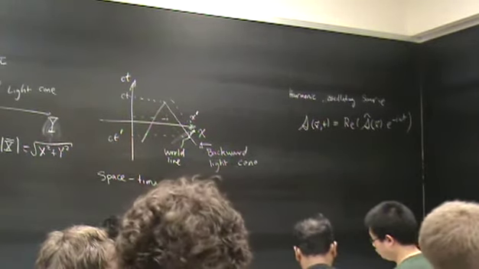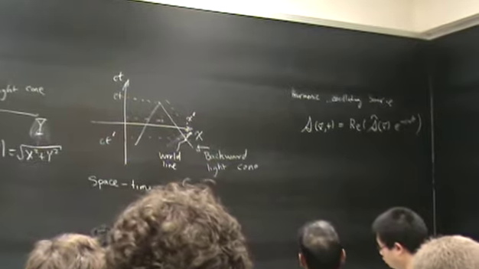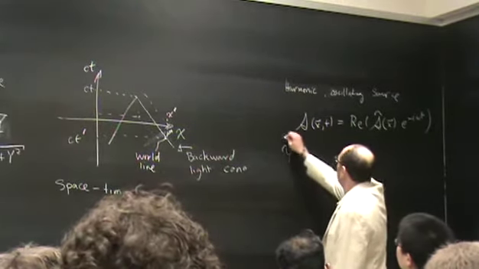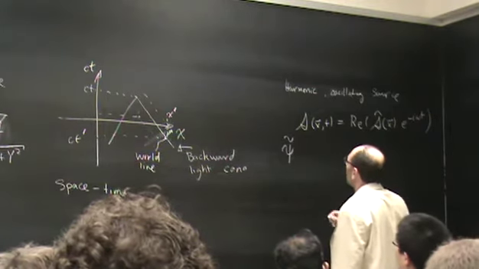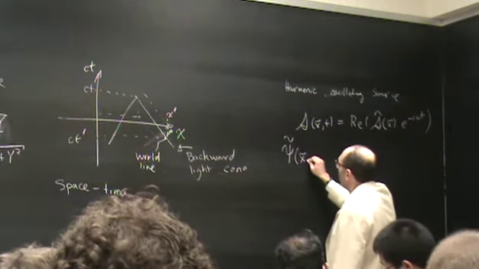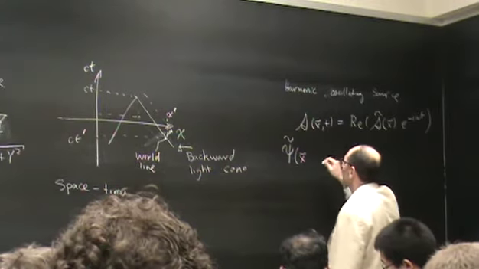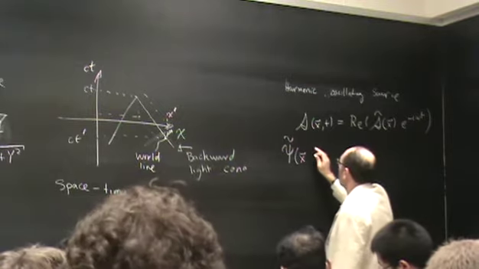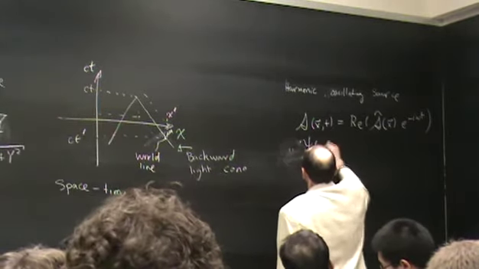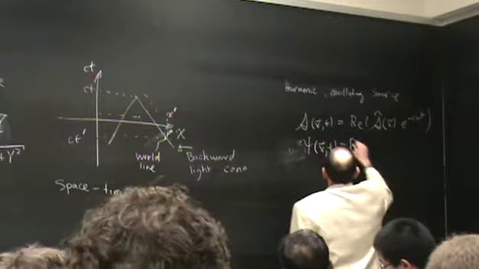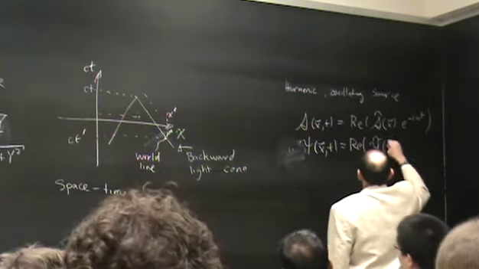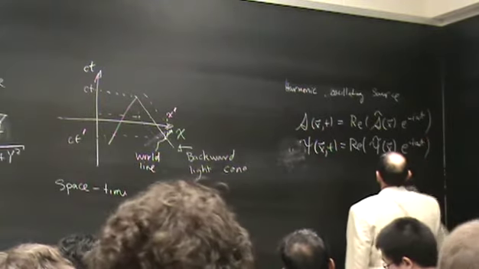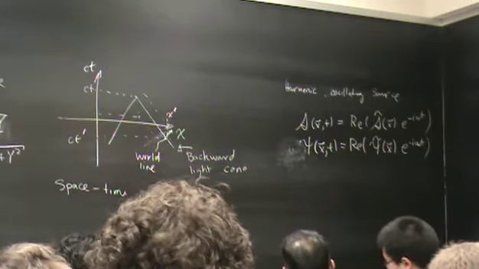Okay? So it has some fixed frequency. Then the complex amplitude of the wave that I see will oscillate at that frequency, the frequency of the source.